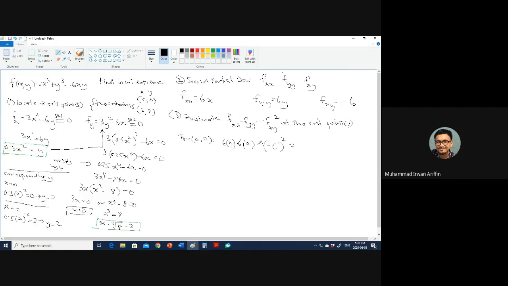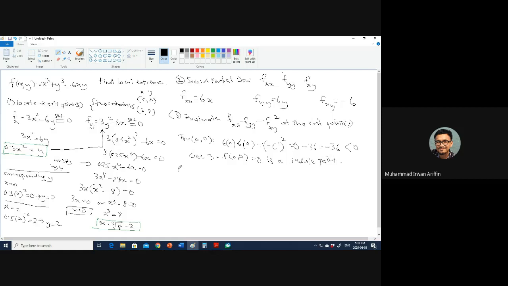So this equals 0 minus 36 equals negative 36, which is less than 0. Since this is negative, less than 0, we can immediately refer back to theorem 2. So this is actually case 3, which is f of 0 and 0, which equals, when we put in 0 and 0, we get 0, so it is a saddle point.